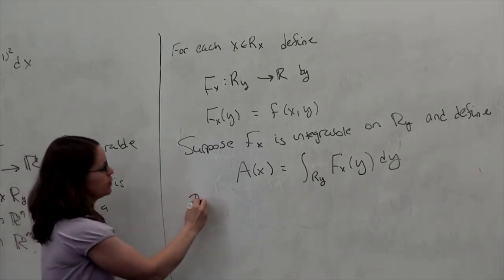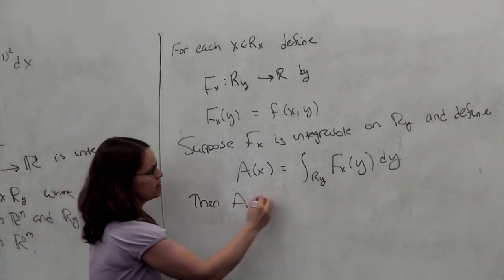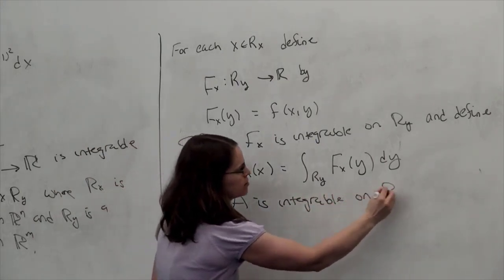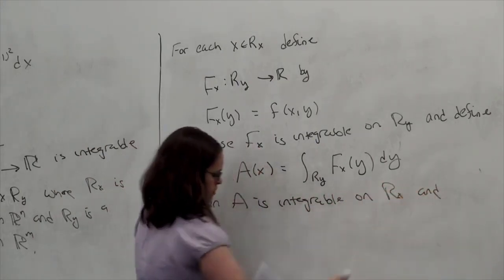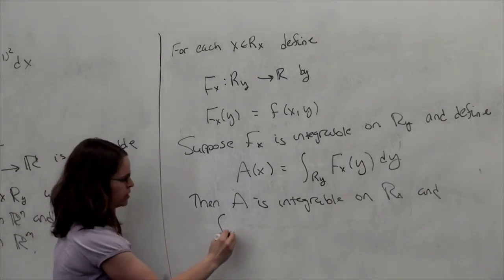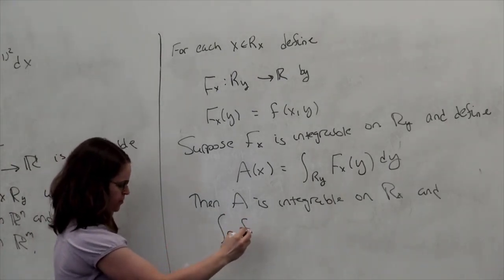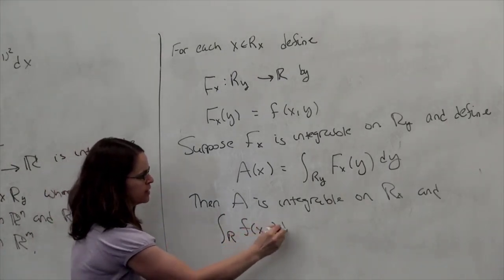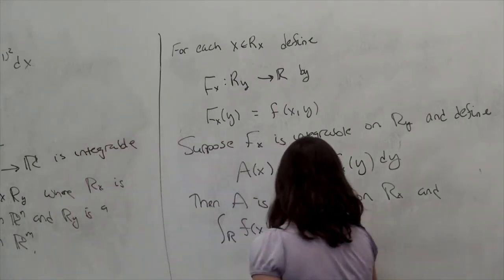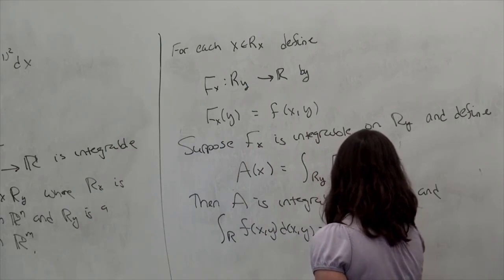Okay, so from here, we can say that then A is integrable on Rx, and when we integrate it, we get what we want. So the integral of f over our original rectangle is precisely equal to the integral over Rx of this guy.